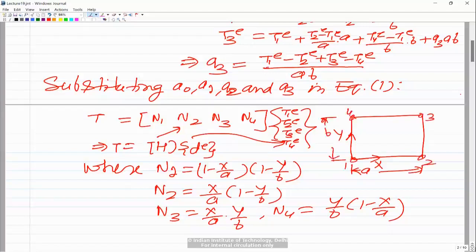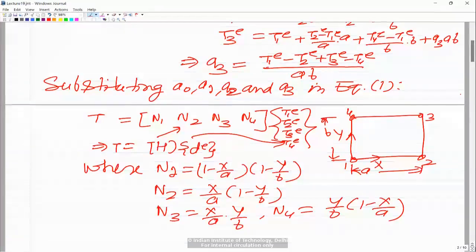N1 is the shape function corresponding to node 1, so it has to be unity at node 1 and 0 at nodes 2, 3 and 4. If you put node 1, x and y are 0, so you get N1 equal to unity. Node 2 means x is equal to a, y equal to 0; if you put that, it comes out as 0. Similarly at node 3, x and y are a and b, so it is 0. And at node 4, x is 0, y is b, so there also it is 0.